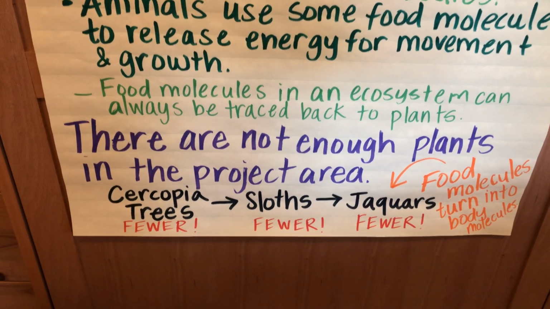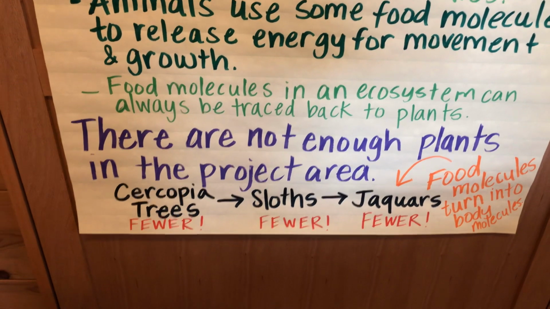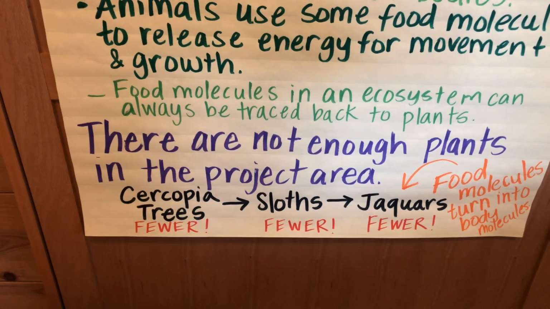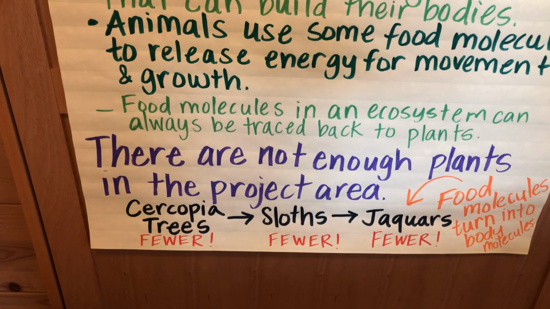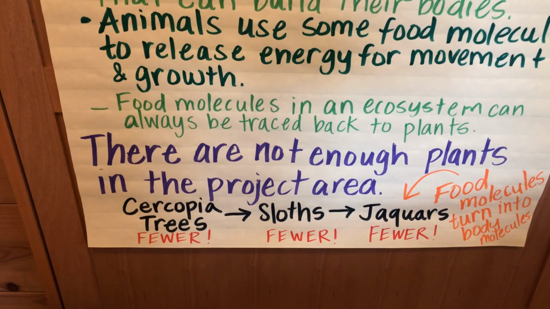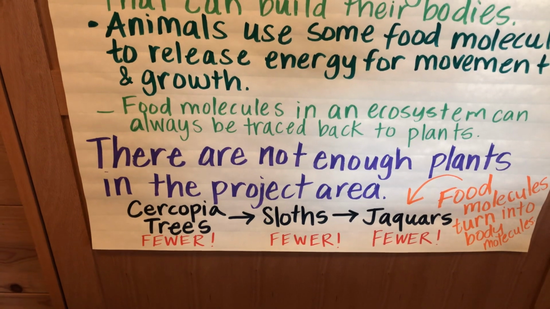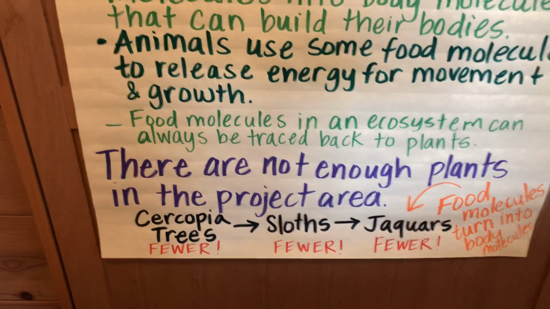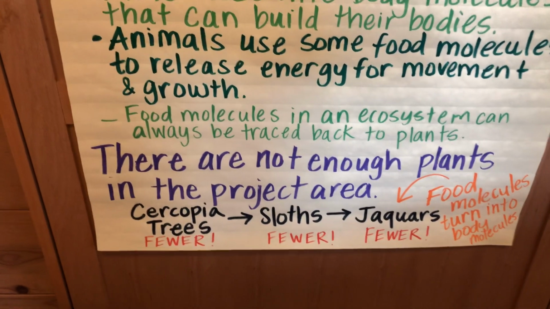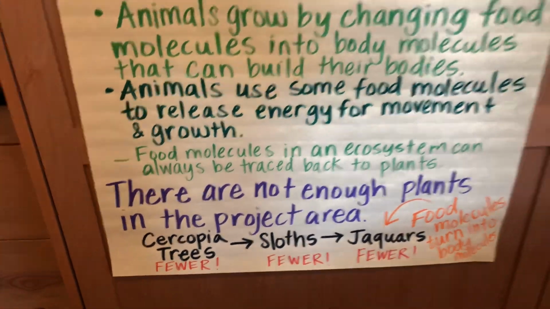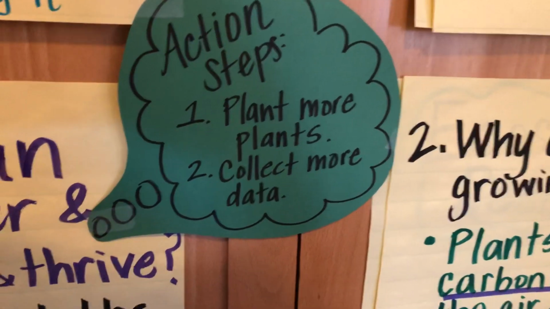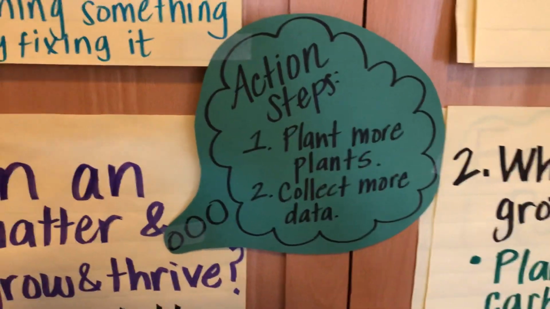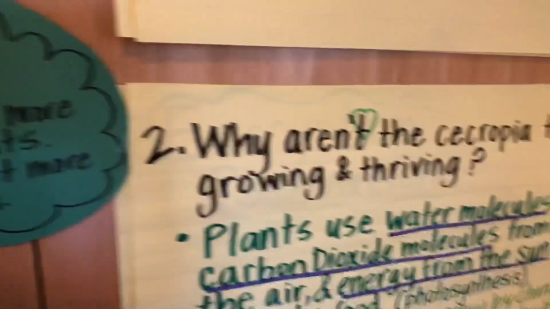So we know that food molecules turn into body molecules. So if there's not enough Cecropia trees, then the sloths can't grow and thrive. And then if the sloths can't grow and thrive, then the jaguars can't grow and thrive because the jaguars eat the sloths. All right, so then we made a restoration plan to plant more plants and then collect more data. So that's where we're at now with chapter 2.